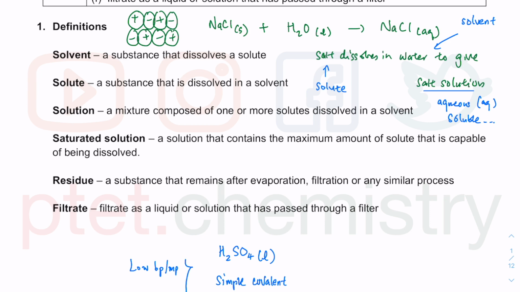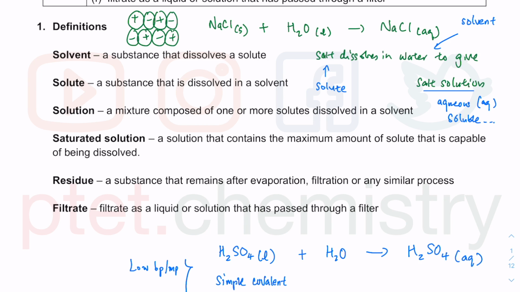As we know, we just need to break the weak intermolecular forces between the molecules as part of the simple molecular structures. That's what we break when we want to melt or boil a simple covalent molecule. When I add that with water, they form a mixture, and that is what gives us H2SO4 aqueous.